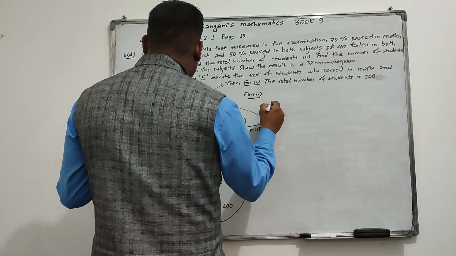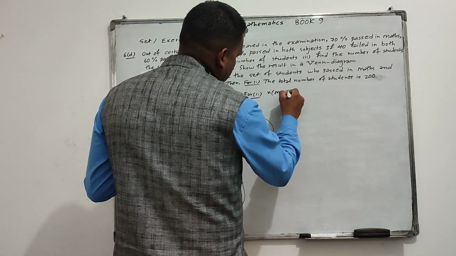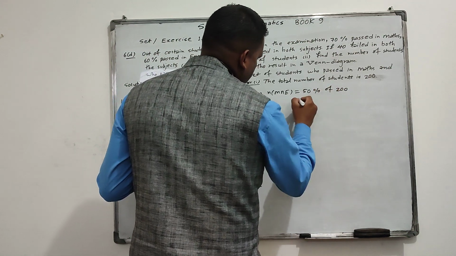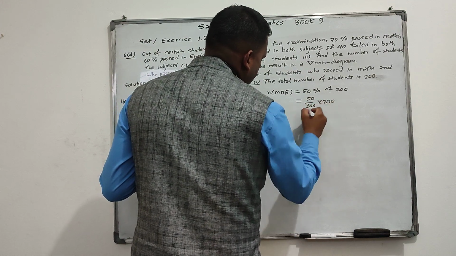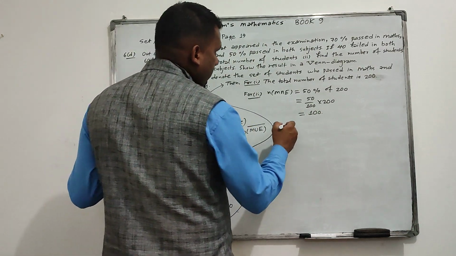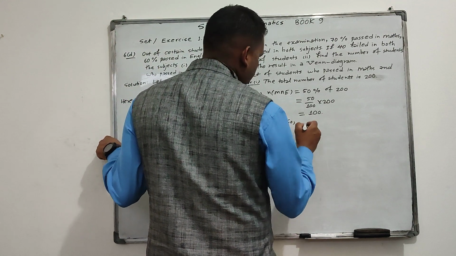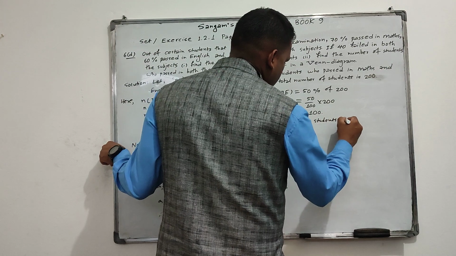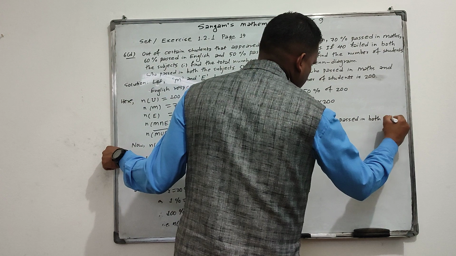For 2, number of M intersection E equals 50% of total students, 200. That is 50 by 100 times 200, that is 100. So the number of students who pass in both the subjects is 100.